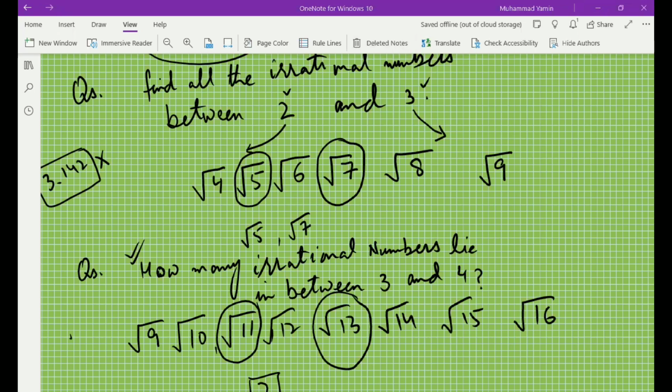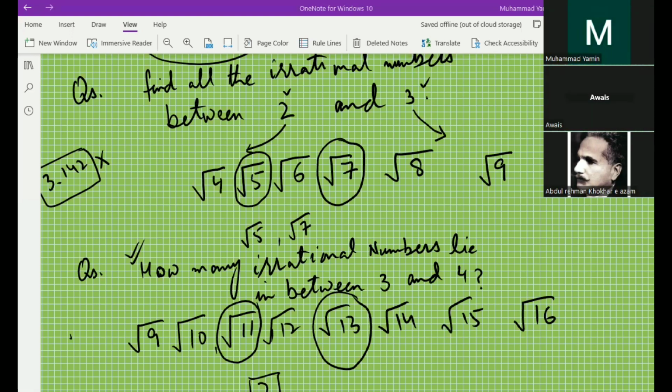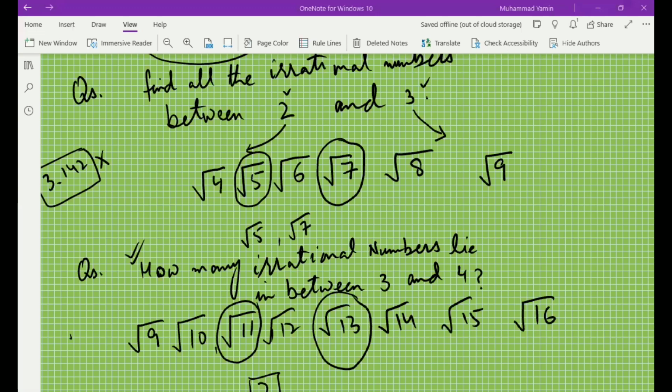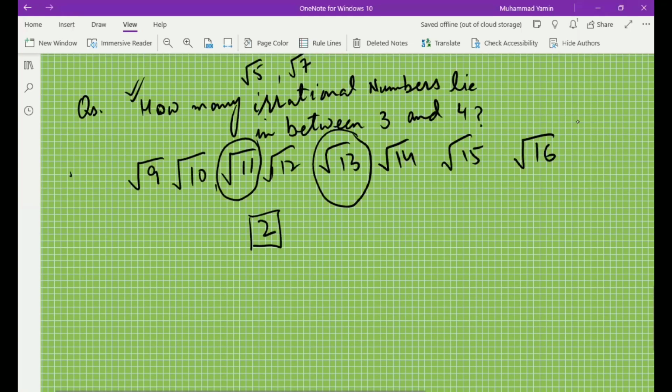Then we write all the numbers which come in between in the square rooted form: root 4, then root 5, root 6, root 7, root 8. Then we check those numbers which are prime numbers under the square root; those are the irrational numbers. If it is asked how many irrational numbers are there, we count them and write down the figure that comes in the counting, as 2 or 3 or 4, whatever it is.